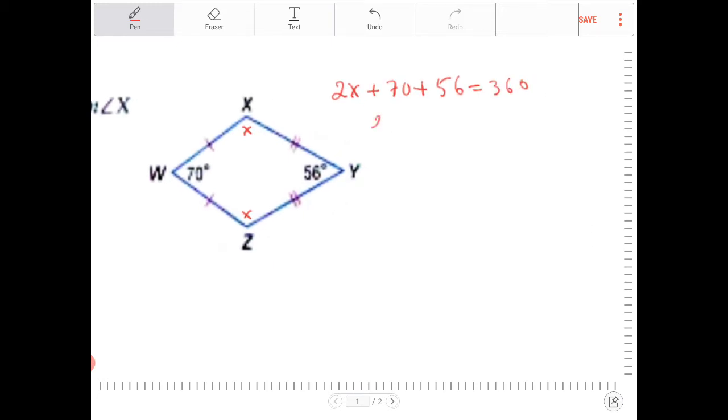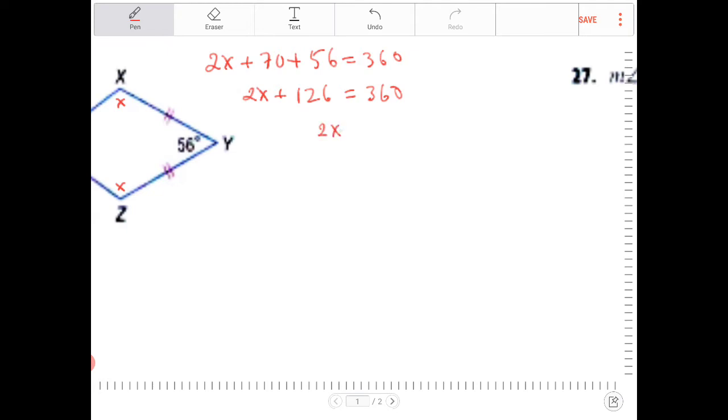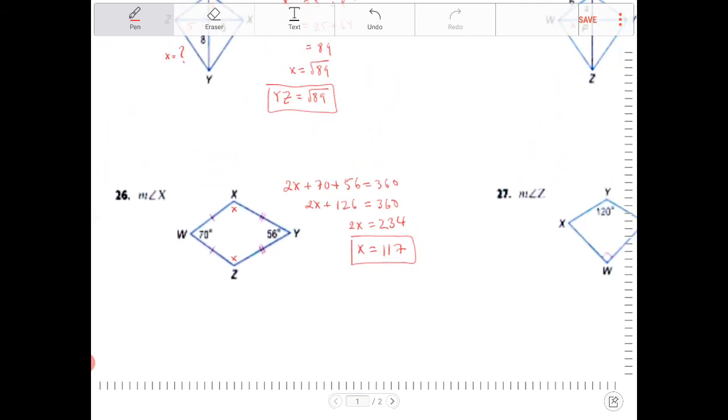Combine like terms, I get 2x plus 126 is equal to 360. Subtract 126 from both sides, I end up with 234. Divide by 2, I end up with 117. So angle x is equal to 117.